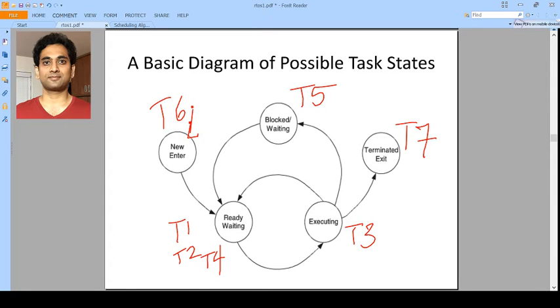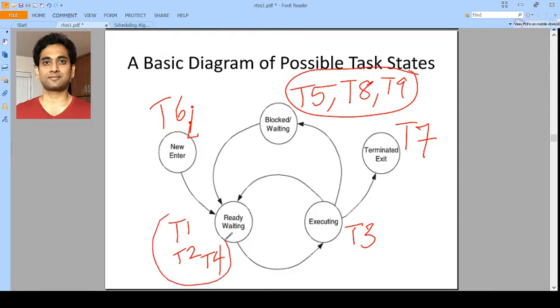So the bottom line is there can be many tasks waiting in the queue in each of these states, except the executing state. The executing state has the CPU, and for single-CPU or single-processor systems, there can only be one task running currently. But in a ready and waiting state, there can be more than one task, and they're all waiting in a queue.